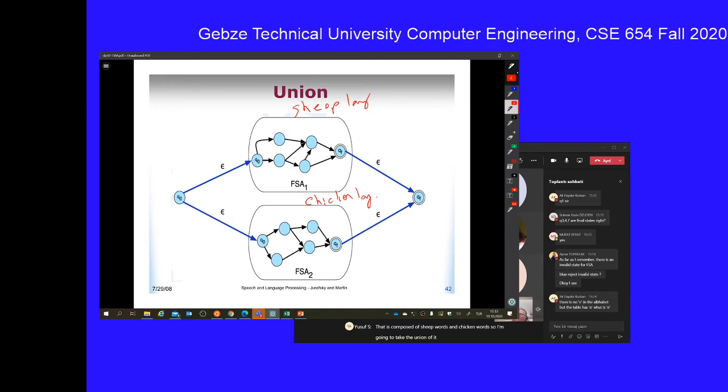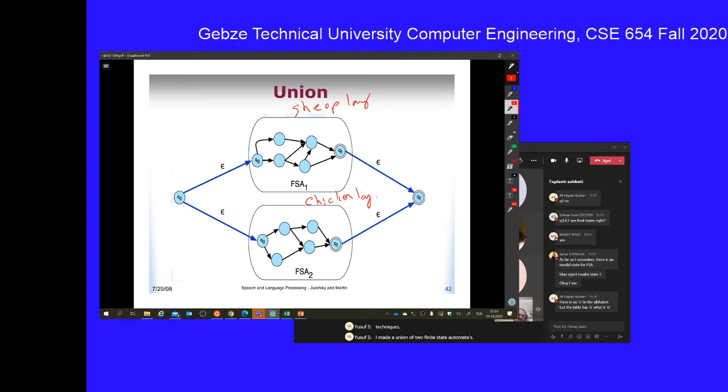So what do I do? I put finite state automata 1 here, finite state automata 2 here. And I make a new start state, a new end state, and I connect them with epsilon transitions. See, using the non-deterministic finite state automata techniques, I made a union of two finite state automatas.